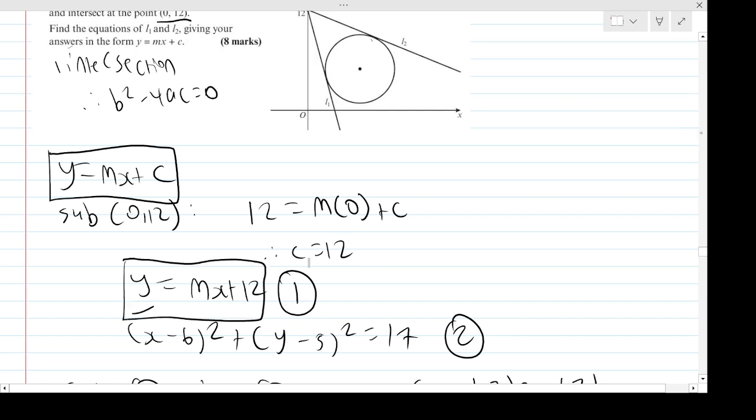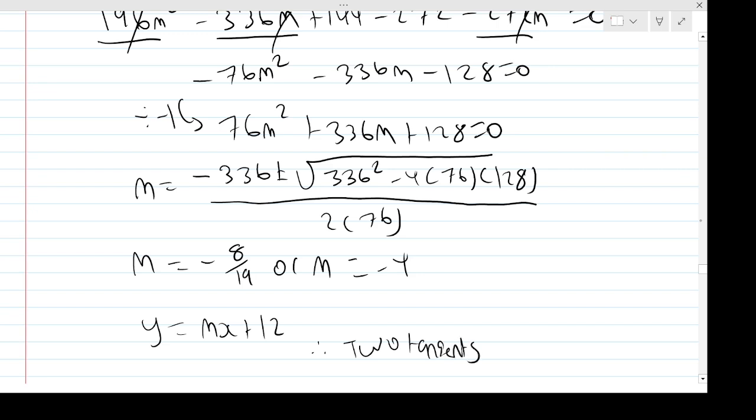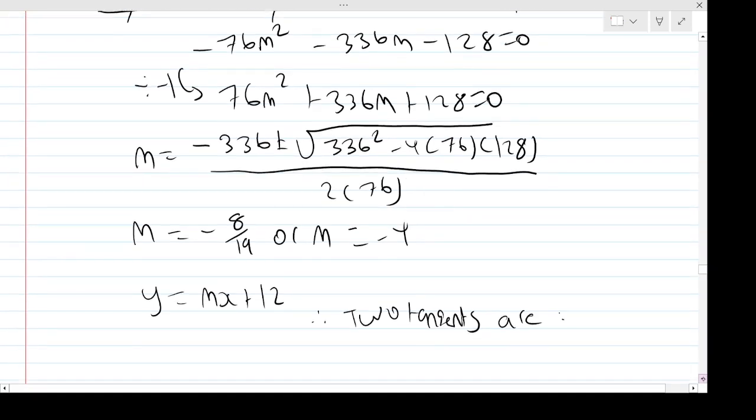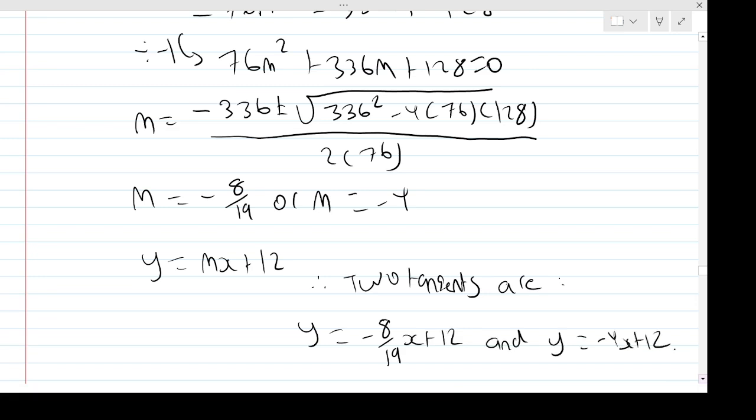Remember, we got this equation of the tangent, y is mx plus 12. Therefore the two tangents, because we've got two different values of m, the gradients, are y is minus 8 over 19ths x plus 12, and y is minus 4x plus 12. There we are. Cool.